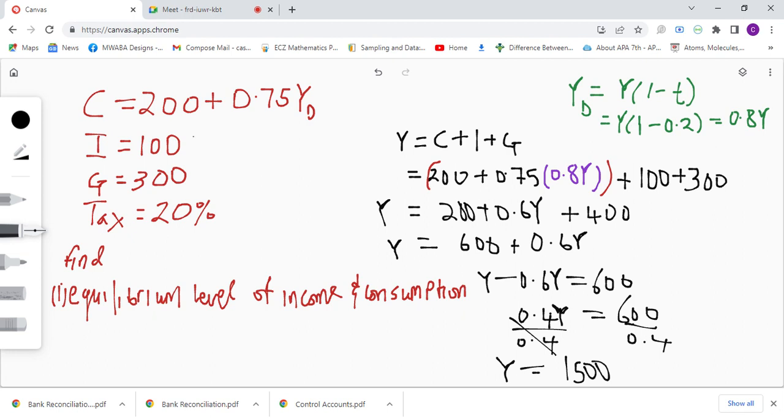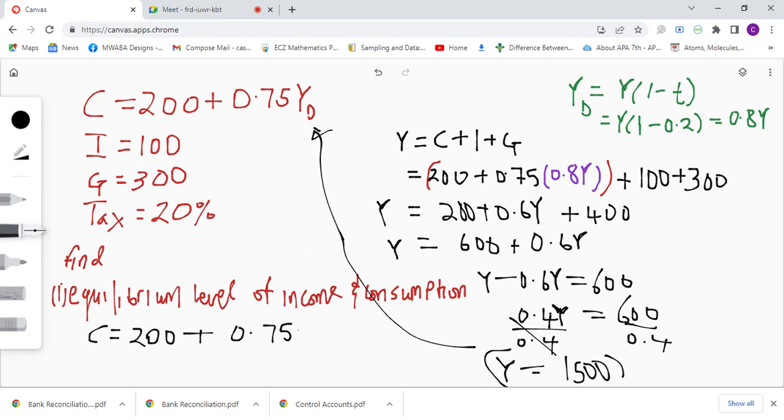Our consumption function is here. So we're going to substitute Y equals 1,500. So we're going to have C equals 200 plus 0.75 multiplied by 1,500.